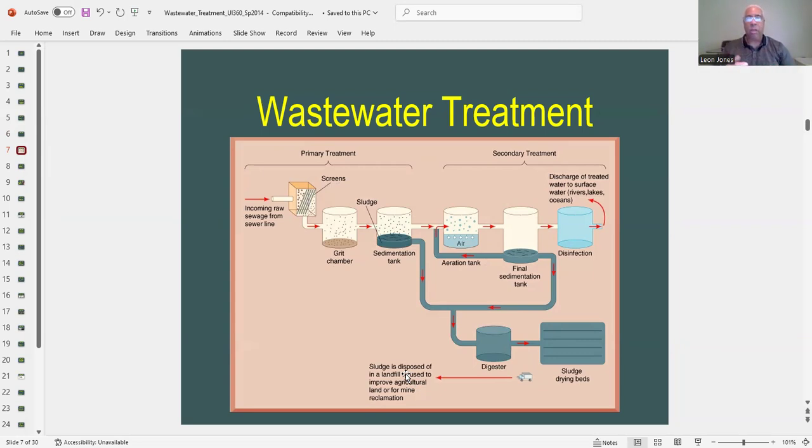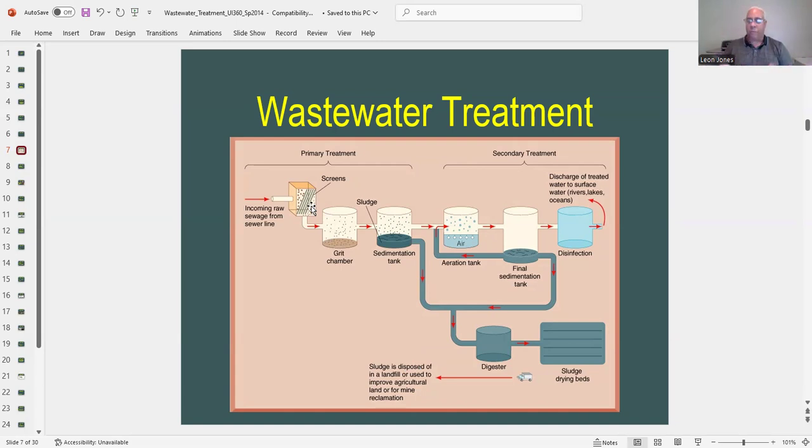Basically, when we deal with water, it's incoming water from sewage, and the sewage is raw sewage. So what happens is that sewage goes into your screens, and then all of the big waste gets filtered out.